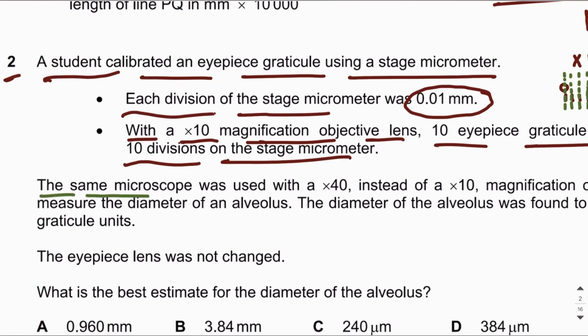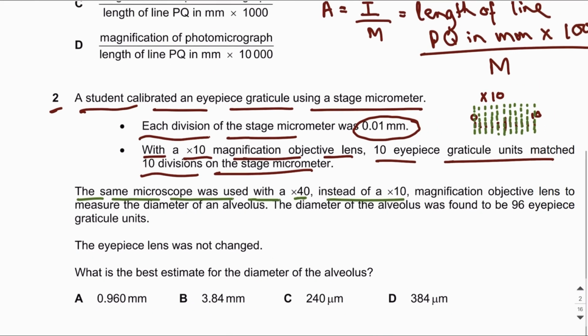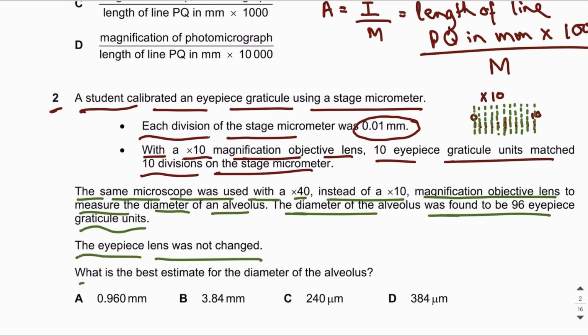The same microscope was used with a ×40 instead of ×10 magnification objective lens to measure the diameter of an alveolus. The diameter of the alveolus was found to be 96 eyepiece graticule units. The eyepiece lens was not changed. What is the best estimate for the diameter of the alveolus?